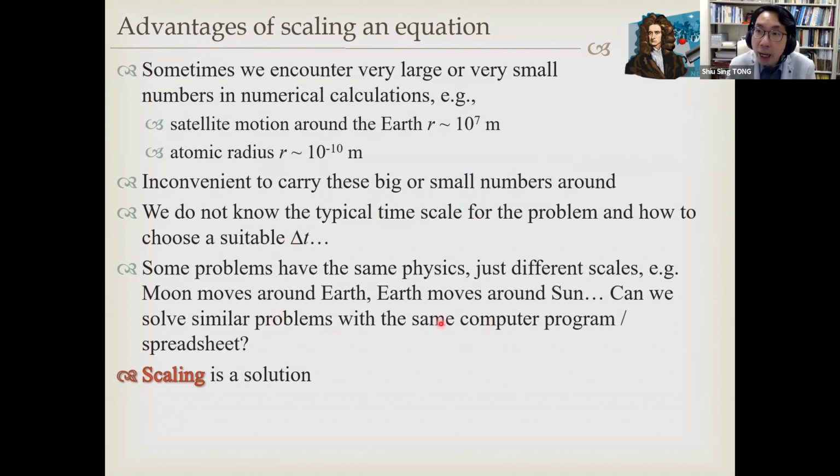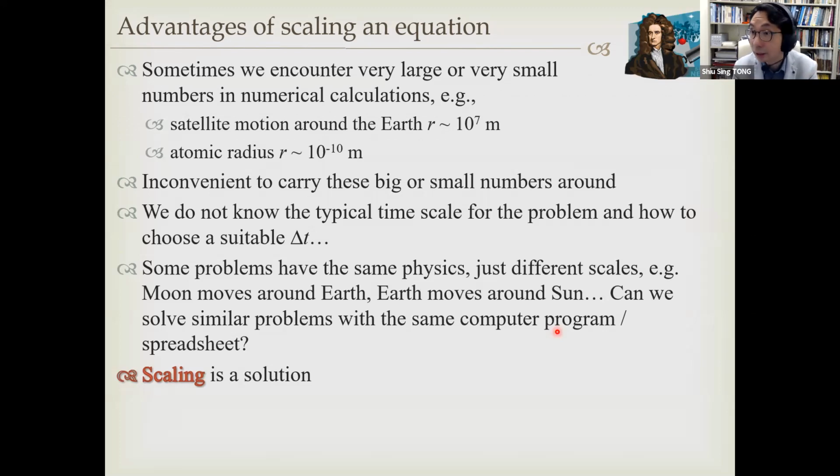And we also encounter in physics many different problems with the same physics. For example, the moon moving around Earth, the Earth moving around the sun. They are all problems of gravity about a stationary object, a stationary gravitational source.